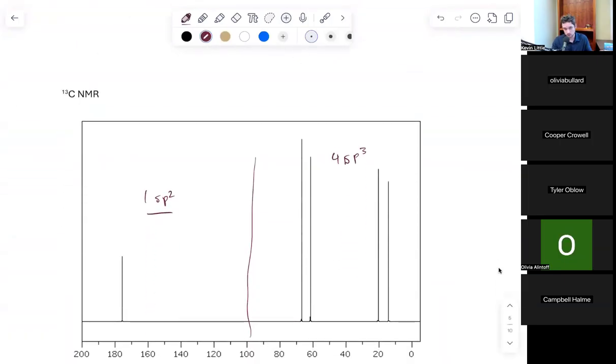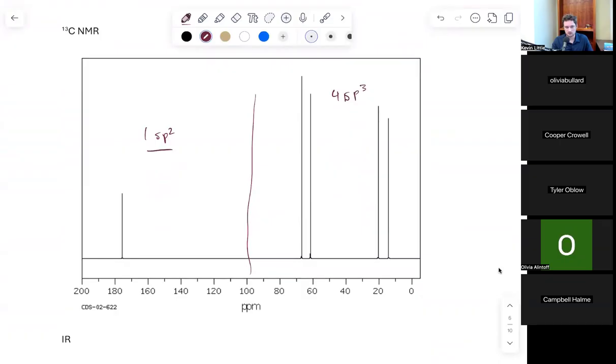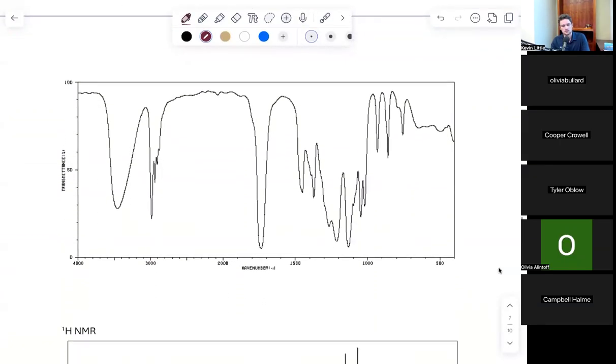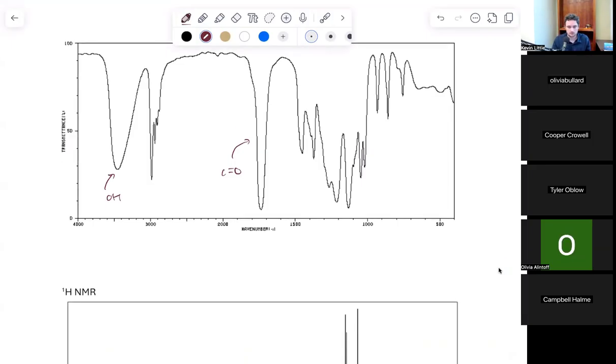Also, the fact that there is one sp2 tells me that it's likely not a ring giving me my degree of unsaturation. I immediately see an OH peak and a carbonyl. So, verified that we've got a carbonyl. That accounts for 2 of my 3 oxygens.